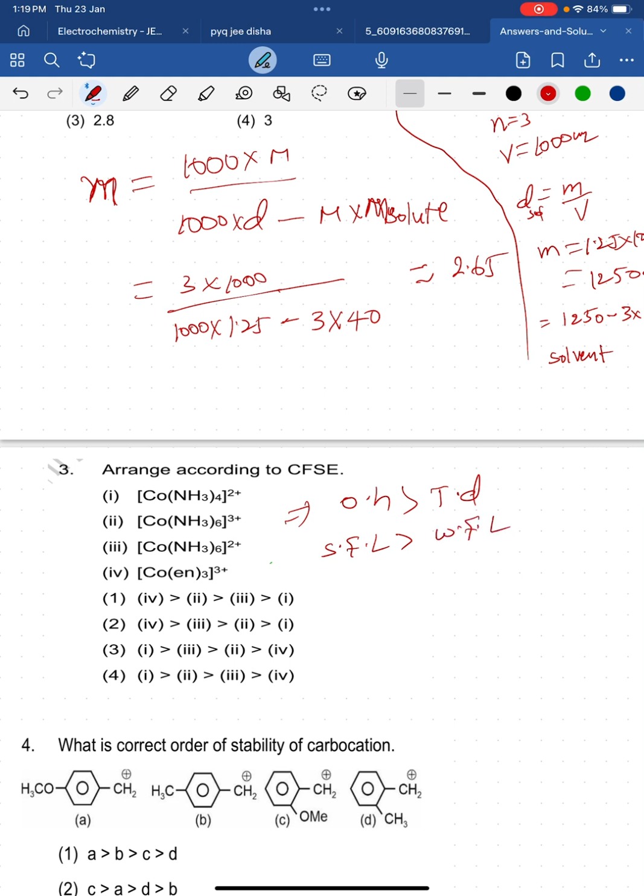In this case, the chelating ligand or ring-forming ligand is en, ethylene diamine. It is a bidentate ligand and it can form a ring. That is the reason it has more splitting and more CFSE value. So the fourth we are expecting as the highest.